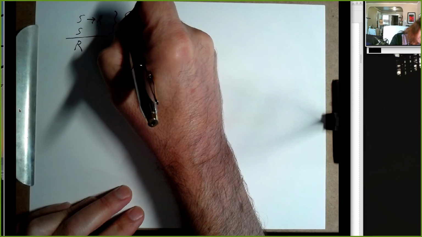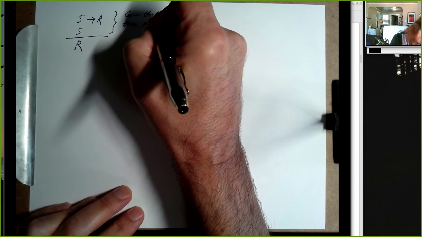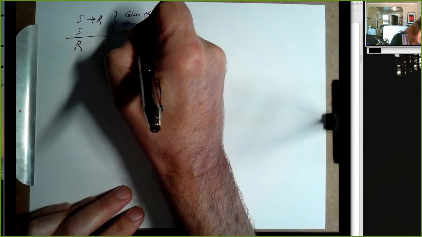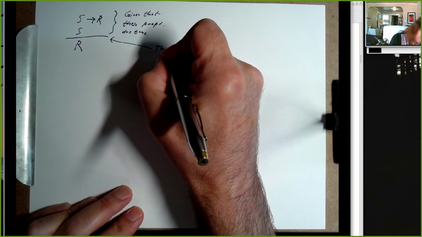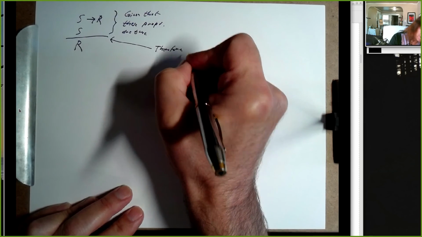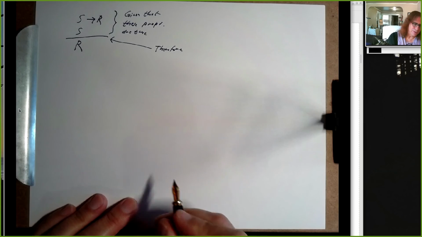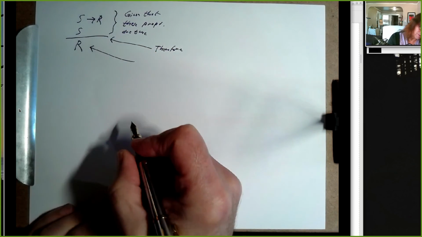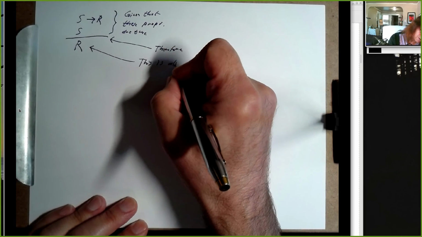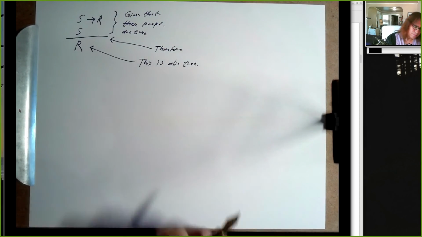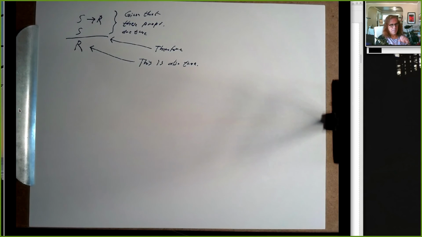So given that these propositions are true, the horizontal line can be taken to mean therefore, and the thing written below it means that this is also true. So something like this is a statement of a theorem which says if this is true and that is true, then also the thing below the line is true.